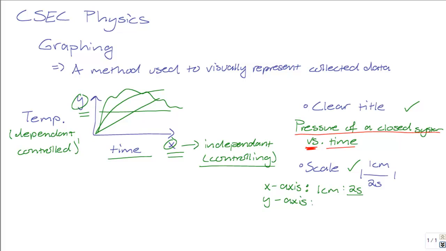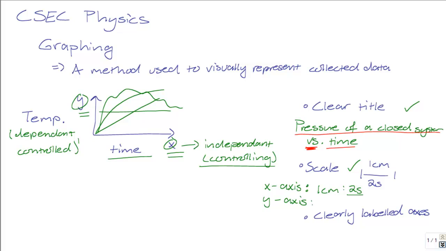Remember we said the axes are just the vertical and horizontal lines on which you plot your data. These axes are supposed to be labeled with whichever quantity is being plotted on them.